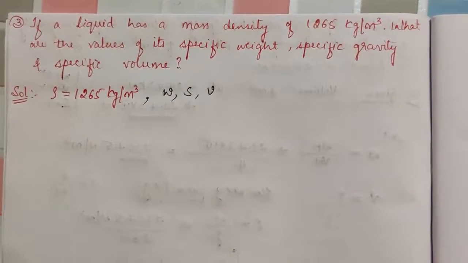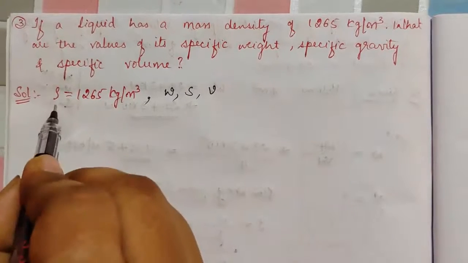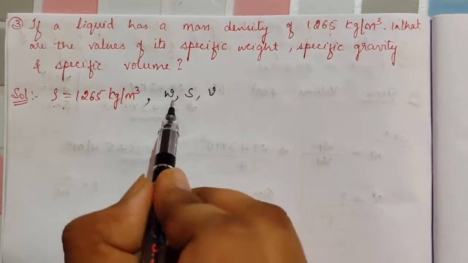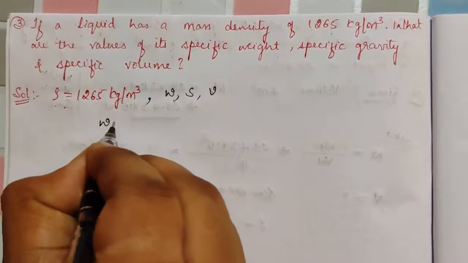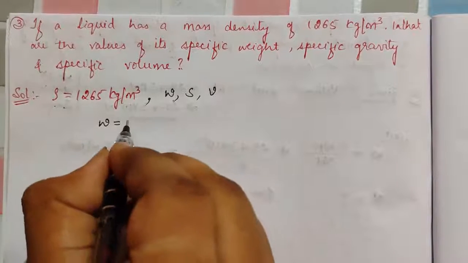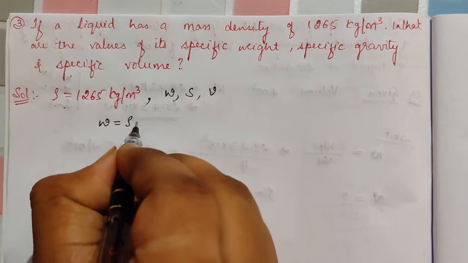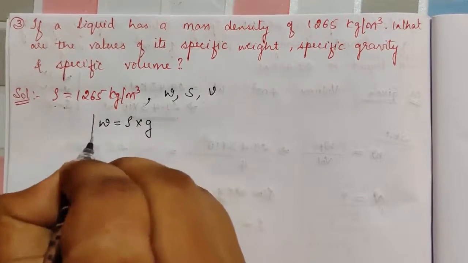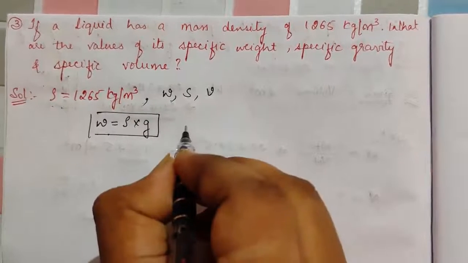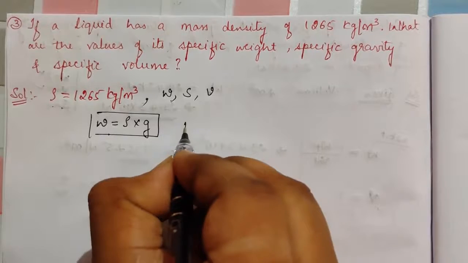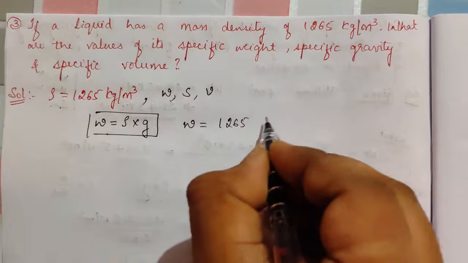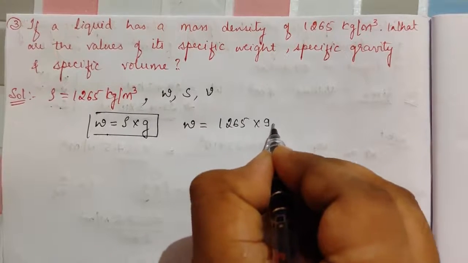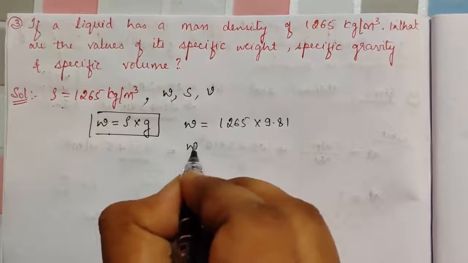Now, we already know the formula for specific weight when density is given. So solution: the specific weight and density relation is specific weight is equal to density into gravity. With this formula, specific weight is equal to 1265 into 9.81.